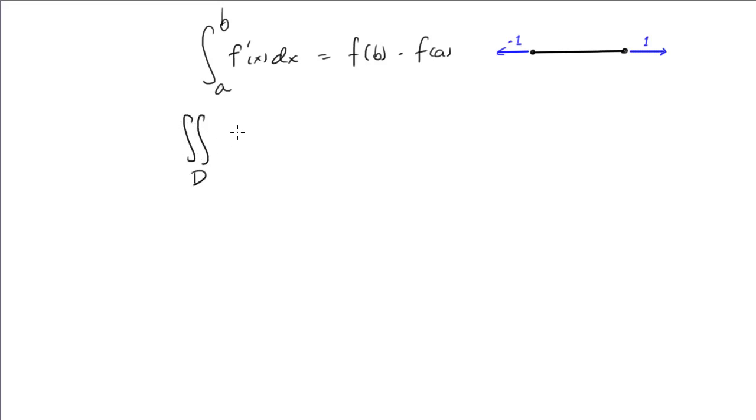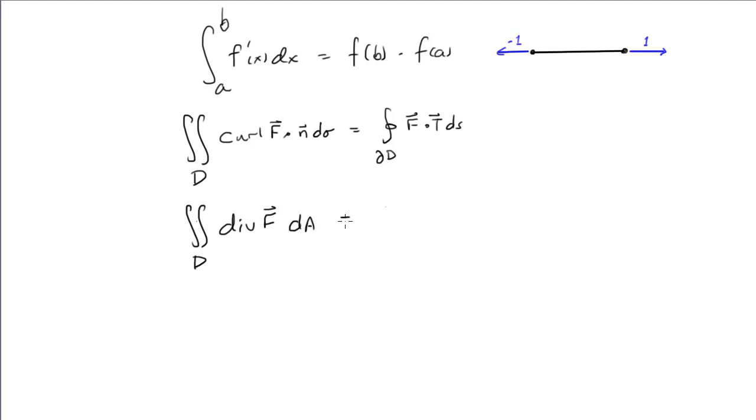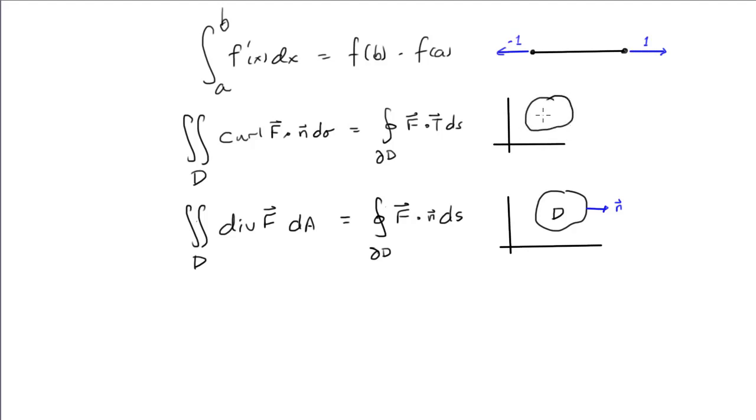Going to R2, we have Green's theorem. Green's theorem has two expressions, one as a divergence in R2 and the straight Green's theorem.